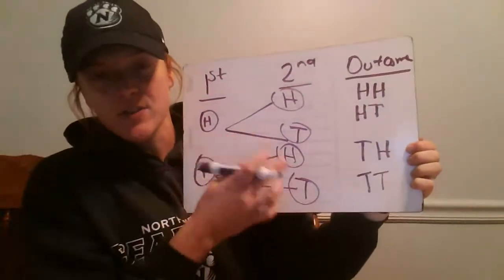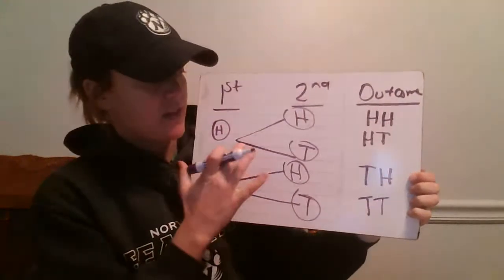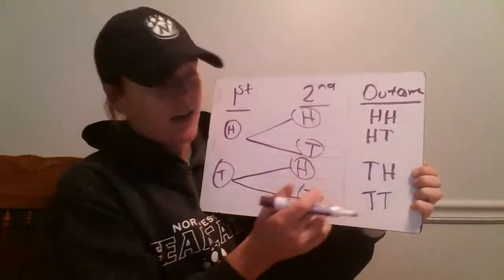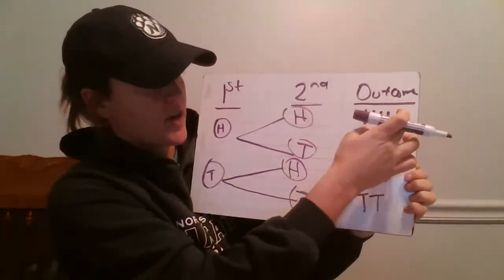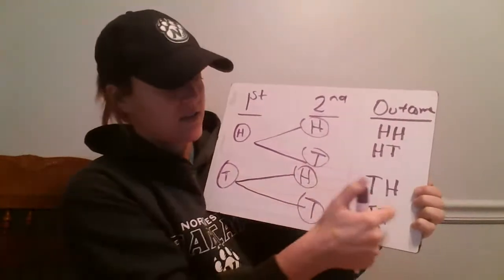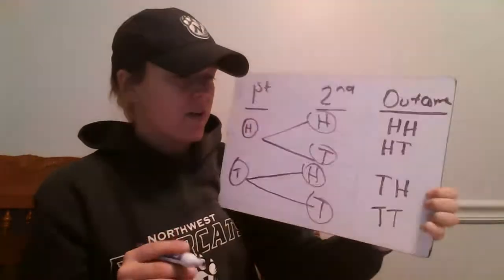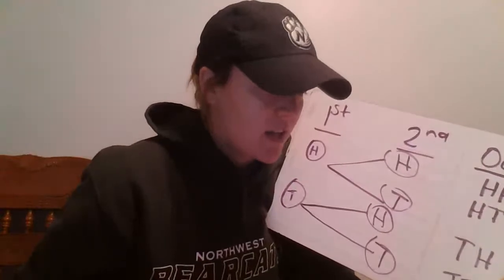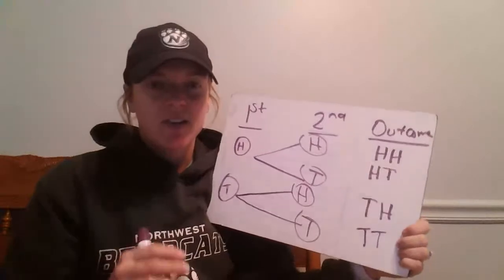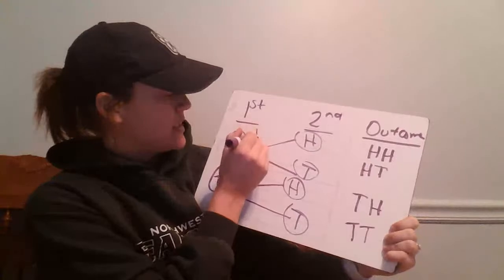So this is what your tree diagram is going to look like. You're going to have your first flip, or your first outcome, or your first trial. Then you're going to do your second one, what other outcomes could have happened, and this is what your outcomes were: heads and heads, heads and tails, tails and heads, tails and tails, and that's what all of these are here. Okay, if I wanted to know what is the probability of the coin landing on heads both times? Each time I have two outcomes, and one is heads, so it's 1/2.